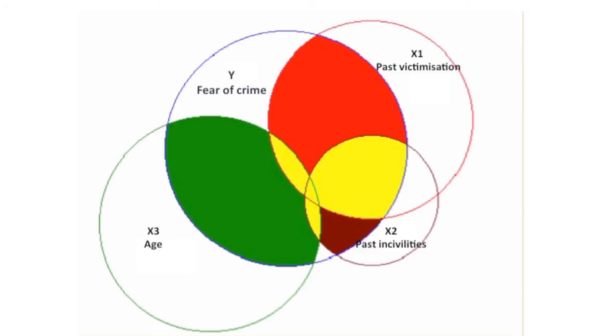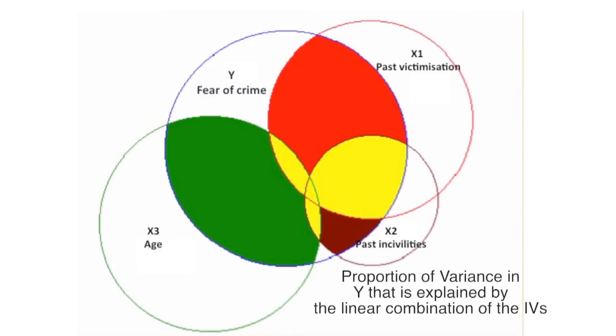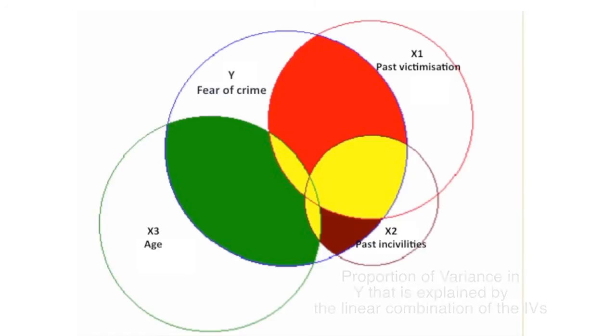That is, the yellow, the green, the red, and the brown. This is the proportion of variance in y that is explained by the linear combination of the independent variables. Or to use this example, it's the proportion of variance in the fear of crime that's explained by the linear combination of past victimisation, neighbourhood incivilities, and age.